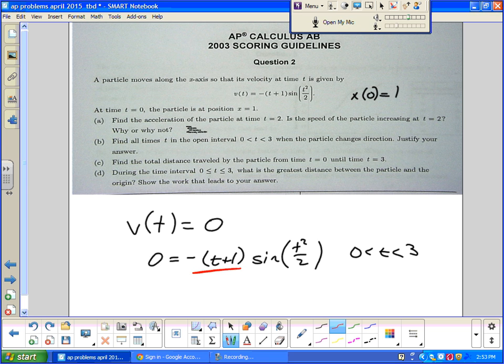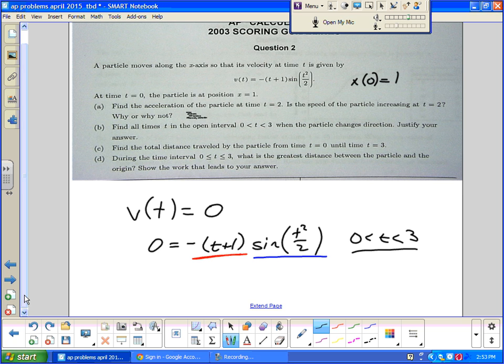This is a product of a linear function, I underlined in red, and a trig function, I underlined in blue. Let's be clear, for the domain of 0 to 3, the red portion is never 0. You guys agree? So really, all I have to do here is find when sine of t squared over 2 is equal to 0.